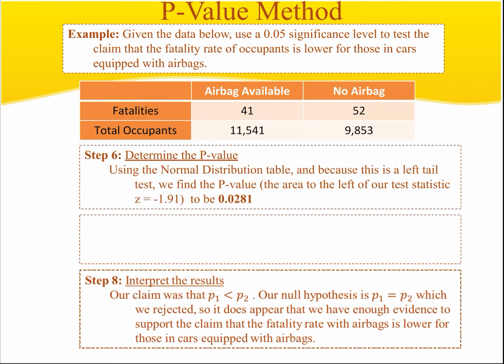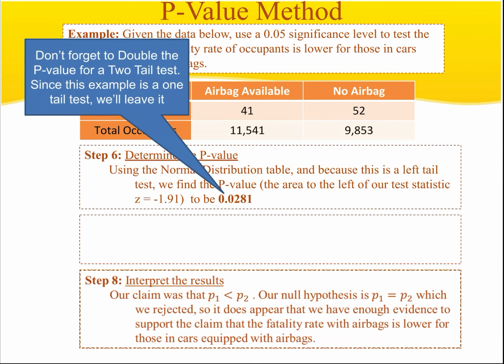Now remember, the p-value is, in this case, the area to the left of our test statistic, since we have a negative z. So using the normal distribution table or your calculator, we're going to find the p-value that goes with z equals negative 1.91, the area to the left. And that should be 0.0281.